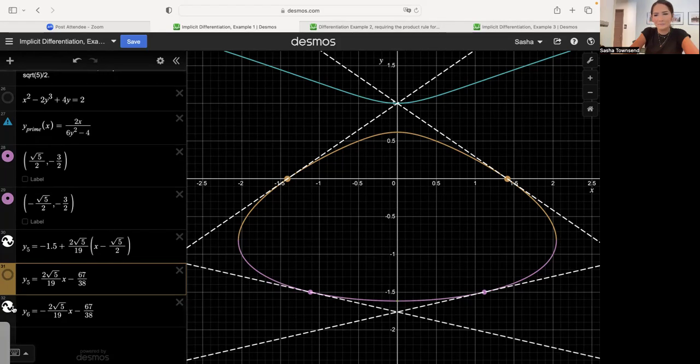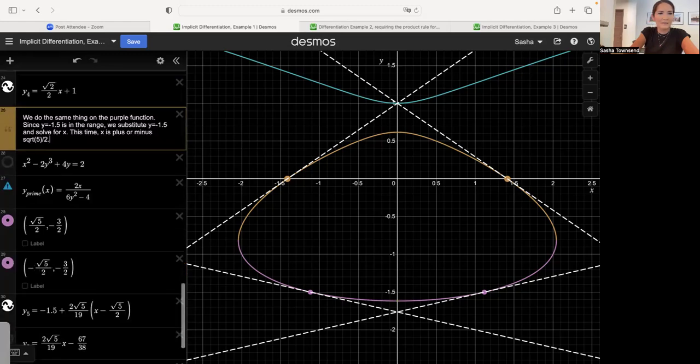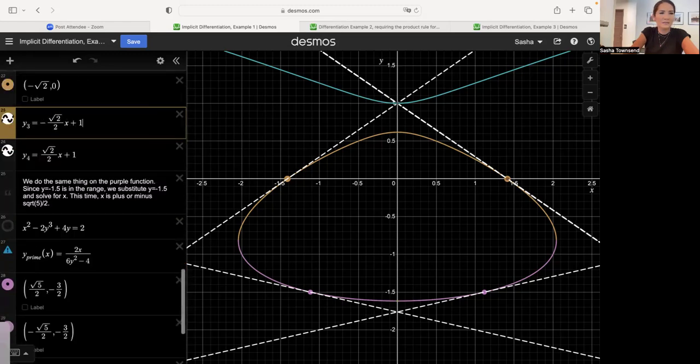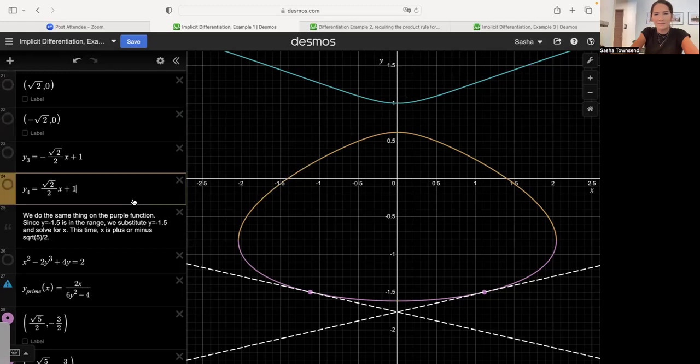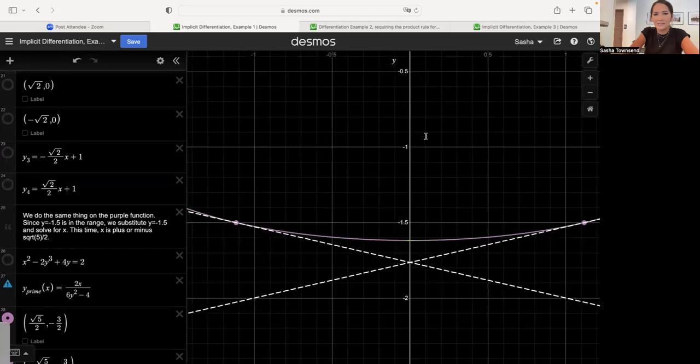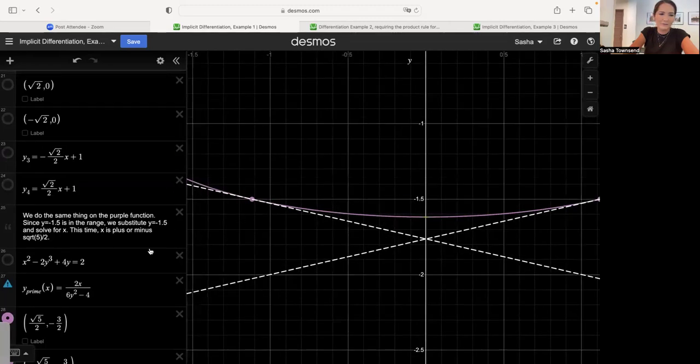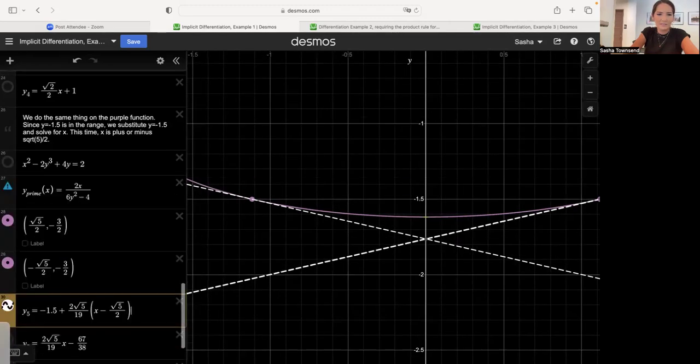So you get that. And we still have these points up here, so I should probably get rid of those. It's from the other example. But you can see that those tangent lines are tangent to the curve at each of those locations.